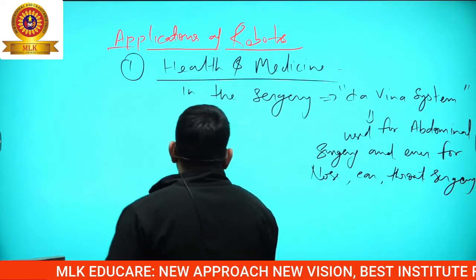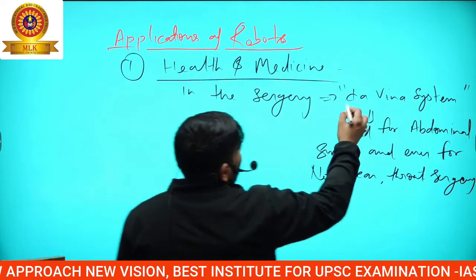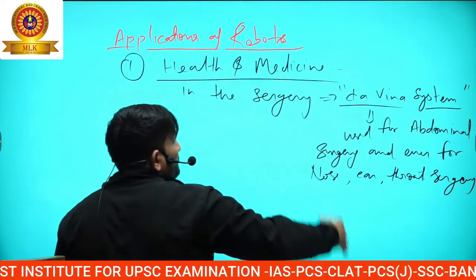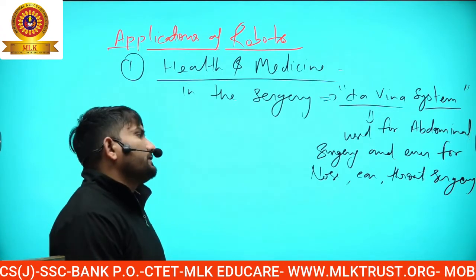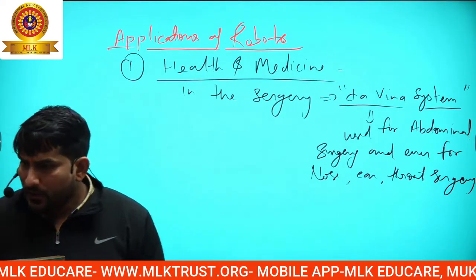Clear? So this is the Da Vinci system carried out by robotic machines, or you can say by robots.